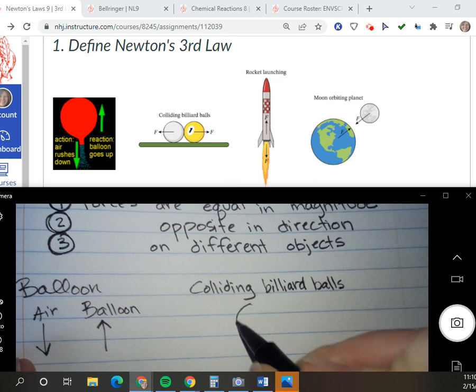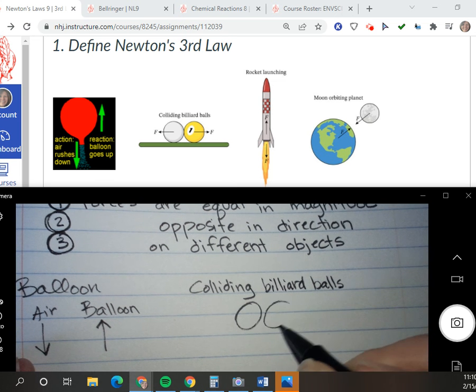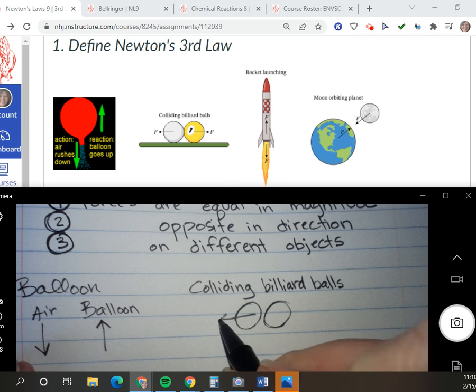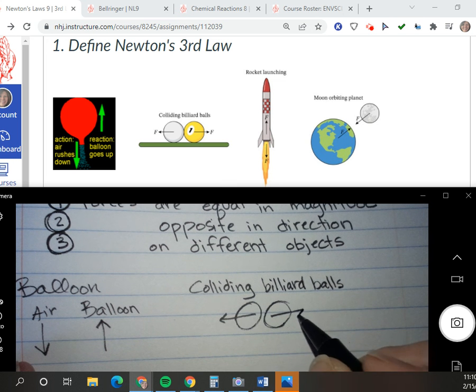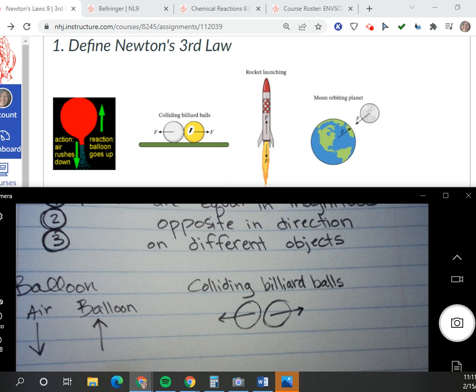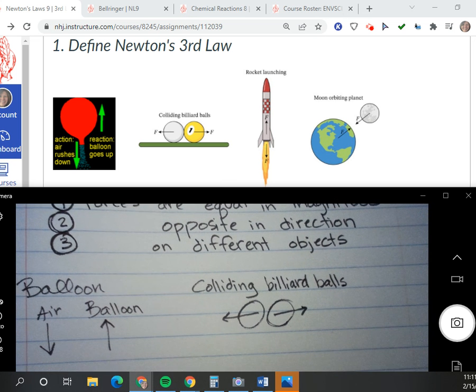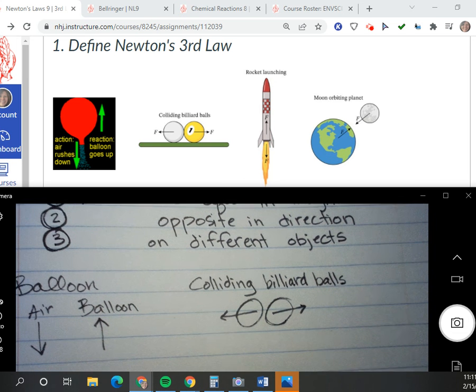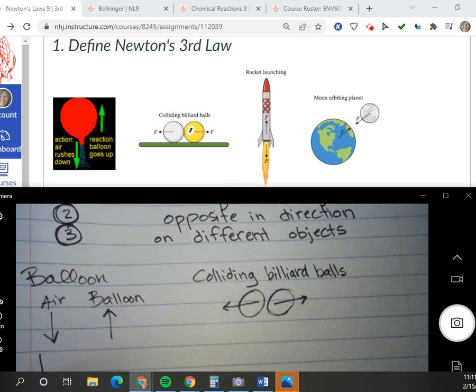When they hit, the white ball is going to bounce off, the yellow ball is going to bounce off. We have equal and opposite forces. That white ball doesn't just stop when it hits the yellow ball. It keeps moving.